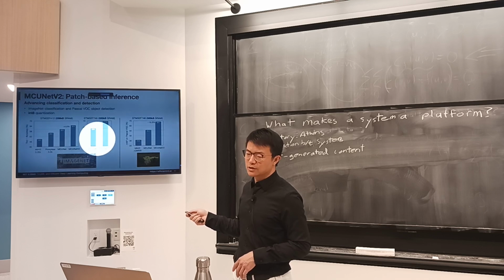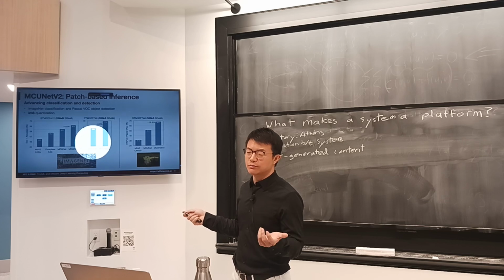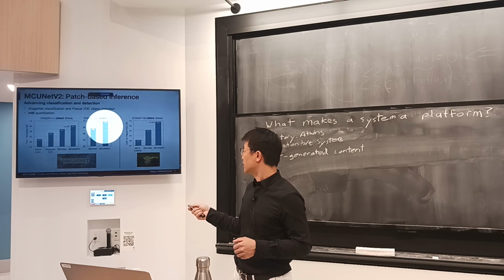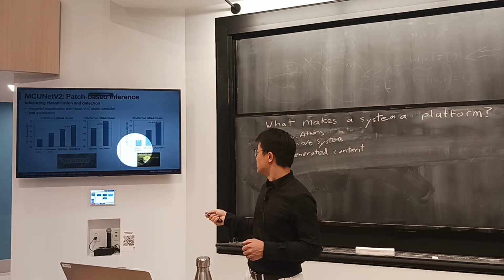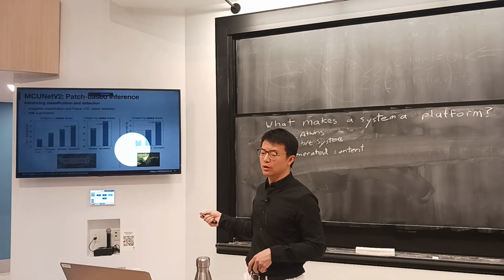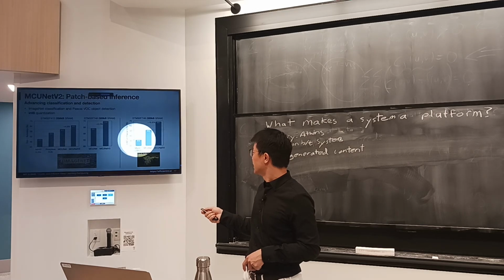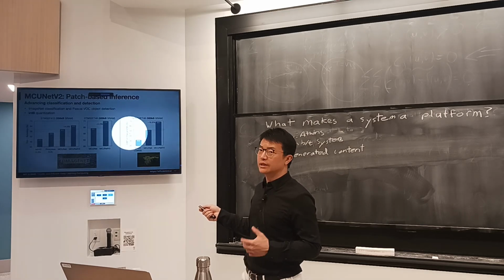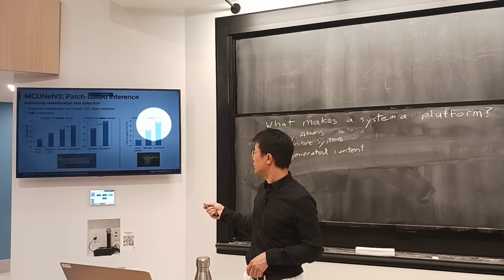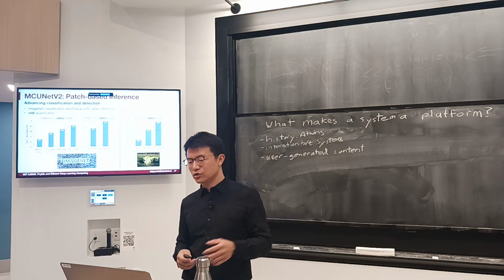Quite a big improvement. Given the same memory, now we can fit a larger model, larger activation, so that the accuracy is higher. And this is MobileNet v2 plus CMSIS, which is our inference library from ARM. And this is MCUNet v2. This is the object detection accuracy, also a quite big double-digit improvement from MCUNet v1 to MCUNet v2.